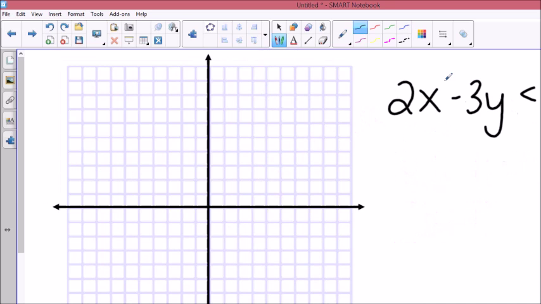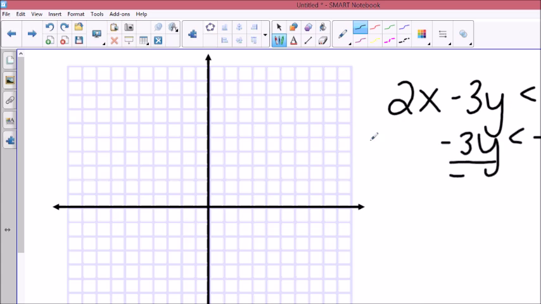Okay. Line 2x minus 3y is less than 6, and I want to graph the solution set for this inequality. The first thing we need to do is put our equation of our line into slope-intercept form, meaning I want to get the y all by itself on the one side of the inequality.